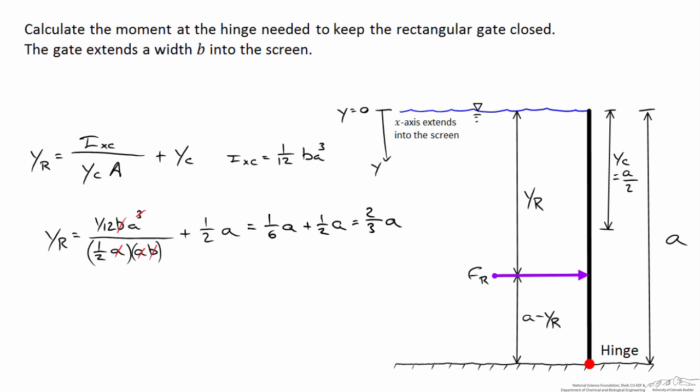So again, the moment is equal to negative Fr times a minus yr, and like we've shown before, Fr is 1/2 rho g a squared b. And a minus yr now is simply a minus 2/3 a. And again, what we come up with is a value of negative 1/6 times rho g a cubed b.